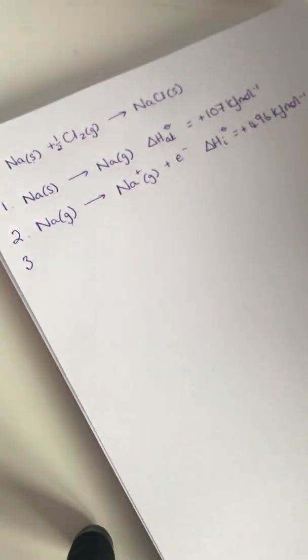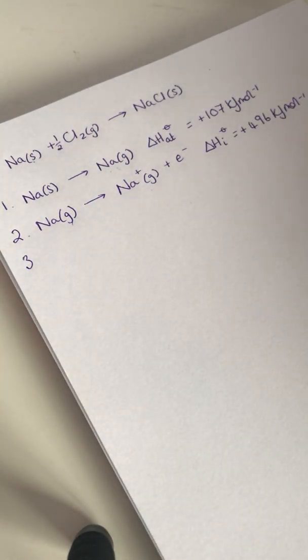So the step here, we're going to be thinking about the bond dissociation enthalpy, also known as the mean bond enthalpy. And it's the enthalpy change that involves breaking a covalent bond in a mole of gaseous molecules to form 2 free radicals that are also in the gaseous phase.